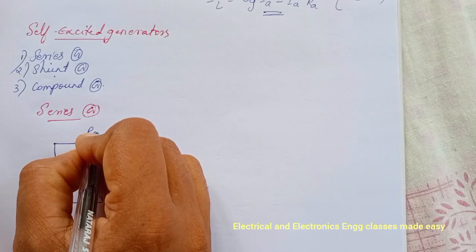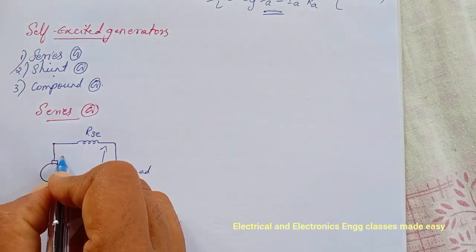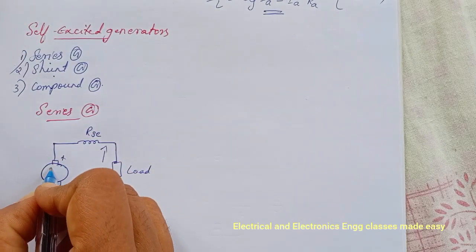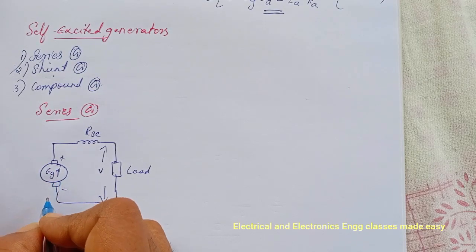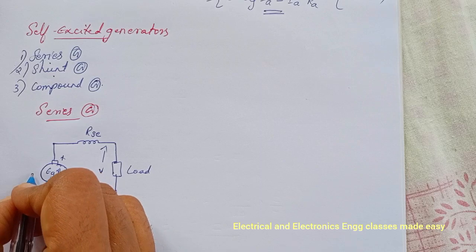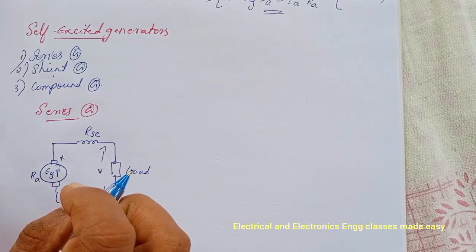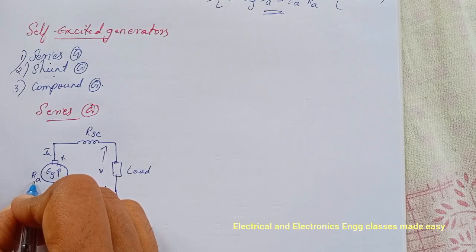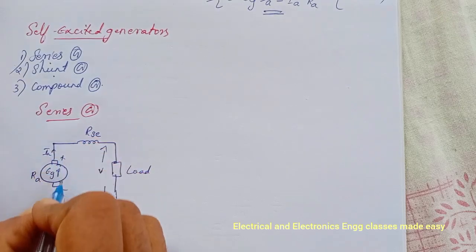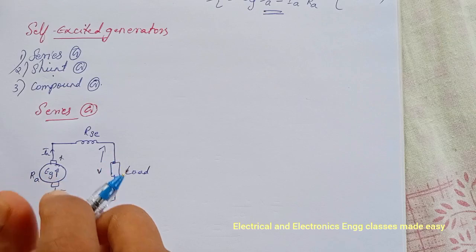So this is R series. Then Eg is the developed or generated EMF. Ra is the armature resistance. Ia is the armature current.